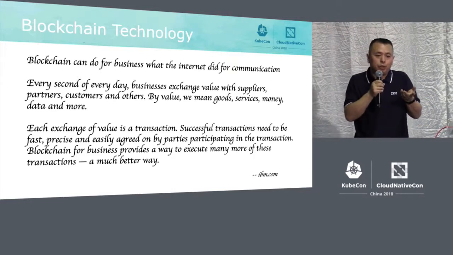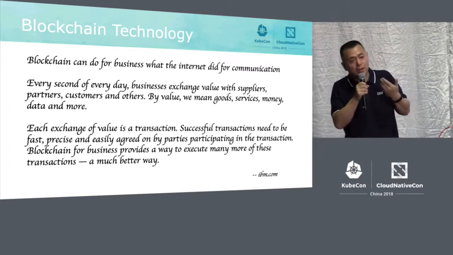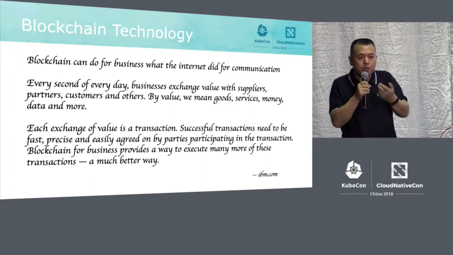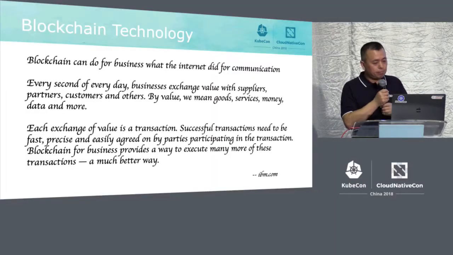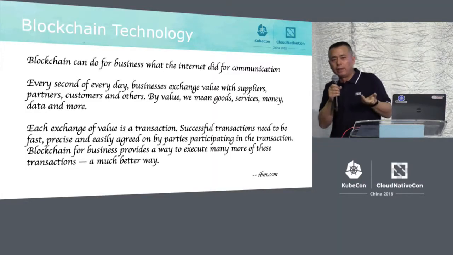You cannot have a system where the sender says, I sent $100, and the receiver says, no, I didn't receive $100, I received 50. That would be a problem. So you want to successfully record those transactions accurately. People do that already, since the very beginning of human history. Blockchain is just a system or technology that is a better way to record those transactions.